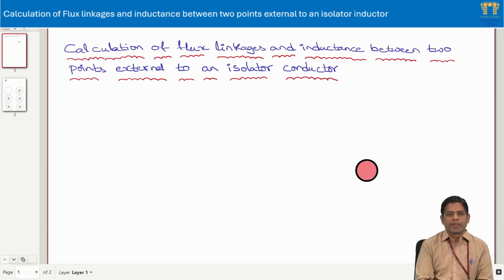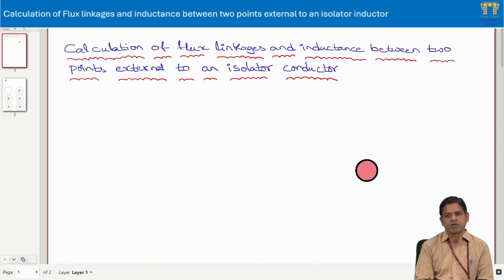So now we'll be considering 2 points external to the conductor, and we'll see how the flux linkages behave between those 2 points. And we know that whenever a current flows in a conductor, flux surrounds it according to Ampere's law, and the path of this flux will be circular, and all these circular flux lines will be concentric to this conductor. That is, they have the same center.